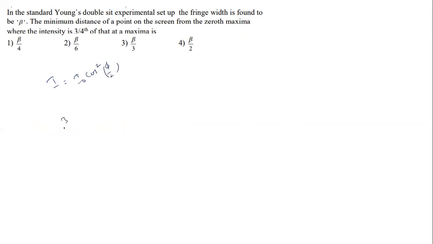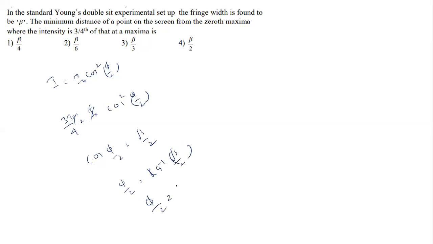So they are giving 3/4 of I naught, which is equal to I naught cos square phi/2. So I naught cancels. Cos phi/2 is equal to root 3/2. So phi/2 is equal to pi/6. So phi is equal to pi/3.